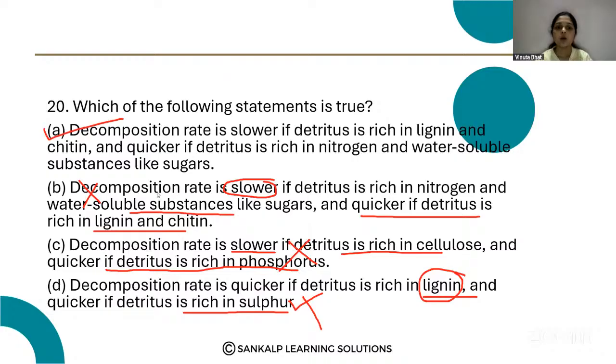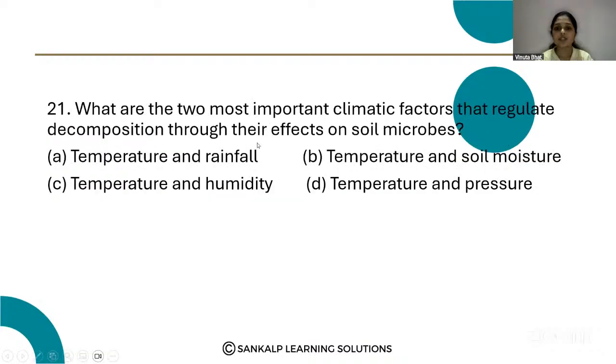Next question. What are the two most important climatic factors that regulate decomposition through their effects on the soil microbes? Which two factors control it? Option A, temperature and rainfall, option B, temperature and soil moisture, option C, temperature and humidity, option D, temperature and pressure.